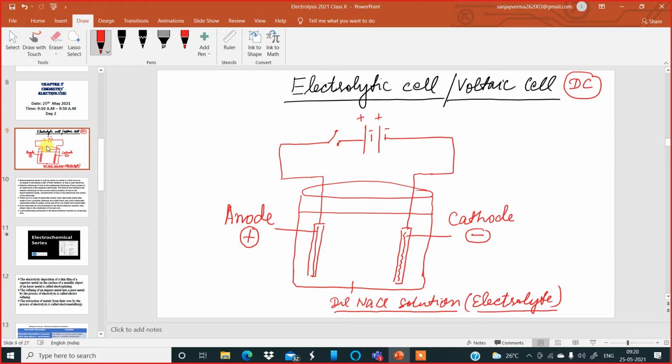Now, when I say sodium chloride solution, this sodium chloride solution is a strong electrolyte.